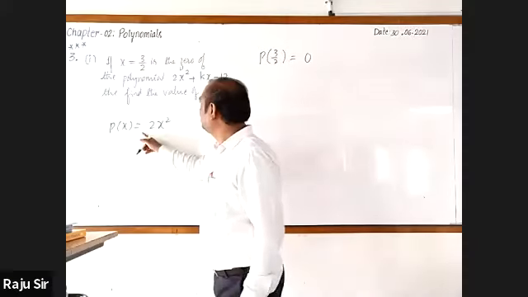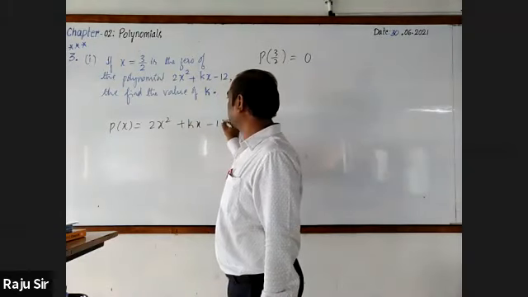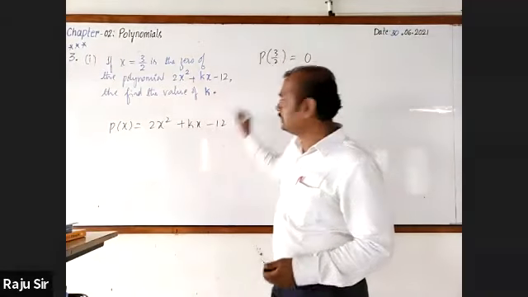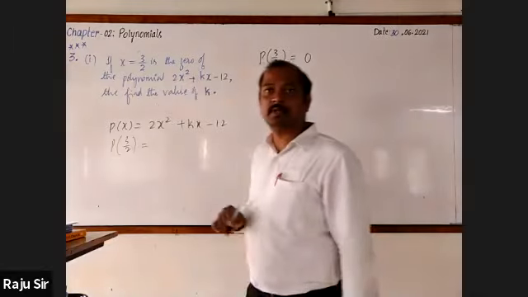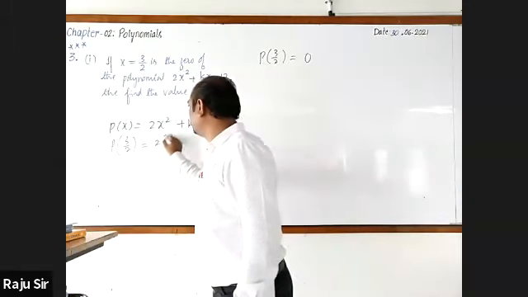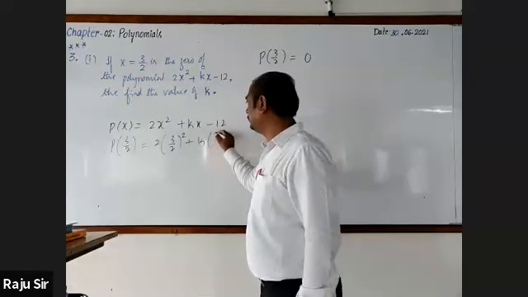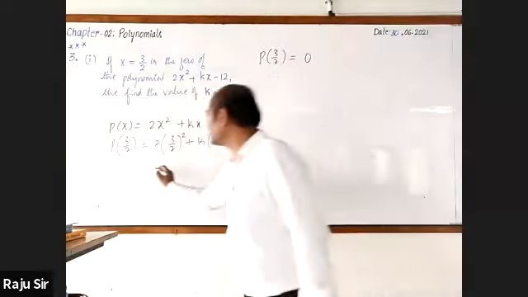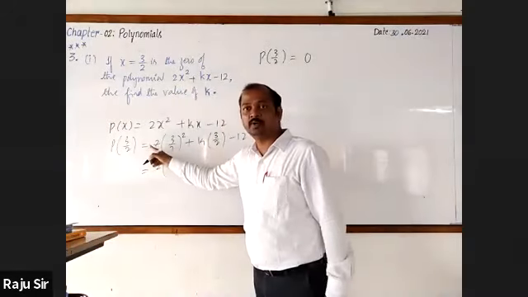Observe. P of x is the polynomial 2x square plus kx minus 12. We want P of 3 by 2 value. So P of 3 by 2. Let me substitute 3 by 2 in place of x. Here 2 into 3 by 2 whole square plus k into 3 by 2 minus 12. And this is equal to 2 into, don't go for cancelling 2 and 2.